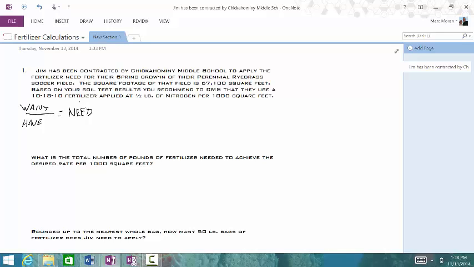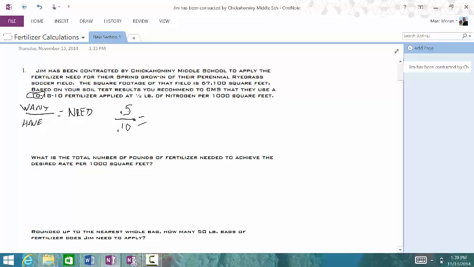out of the soil. So how I would write this formula up, the want is you want to apply a half pound of nitrogen, so it would be 0.5 over, and then what you have is 10% nitrogen in that bag of fertilizer. So the decimal equivalent to 10% would be 0.10.